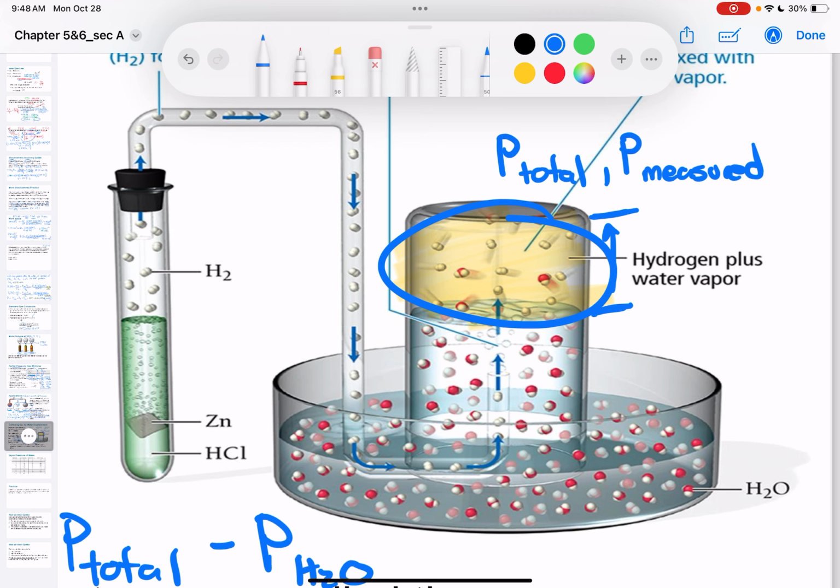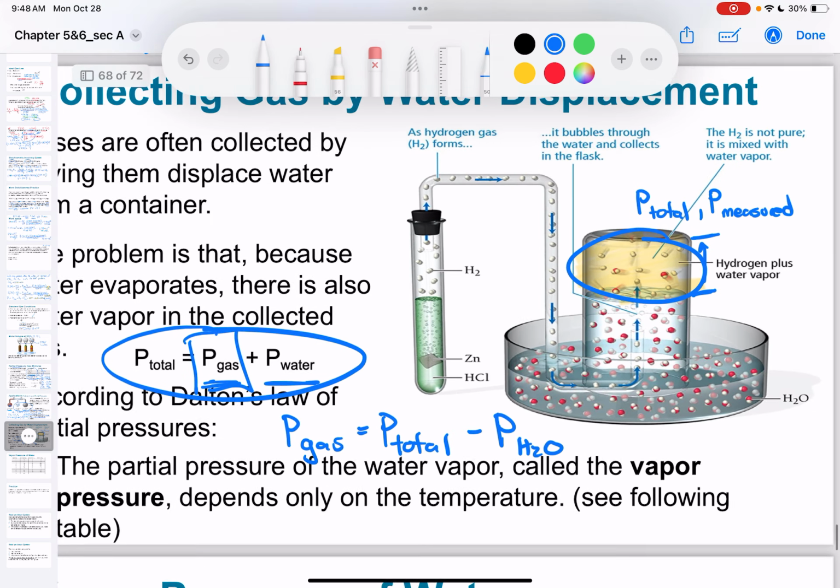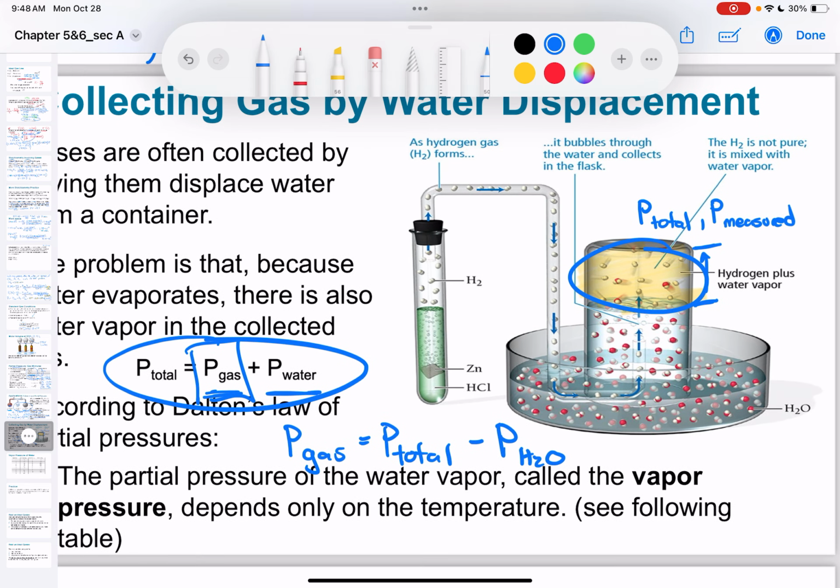And we don't really want to know the pressure of the water. We just want to know the pressure of the gas that was produced. So the way that we're going to do that is use Dalton's law of partial pressures to know that we can just subtract off the pressure of the water, and that will tell us the pressure of the gas that was produced in this chemical reaction.